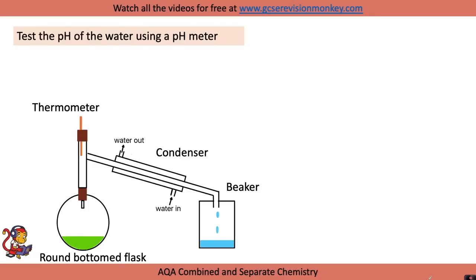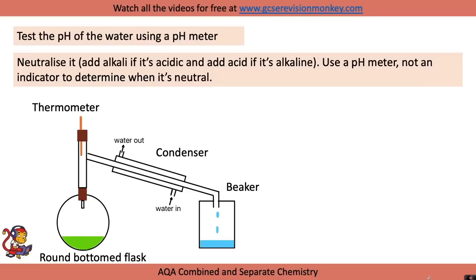So in this purification process, we would test the pH of the water using a pH meter. We would neutralise it if we needed to by adding alkali if it's acidic or adding acid if it's an alkali. And we use a pH meter, not an indicator, to determine when it's neutral. Because if you're trying to purify a sample, there's no point adding an indicator like universal indicator in there because you're just contaminating it.